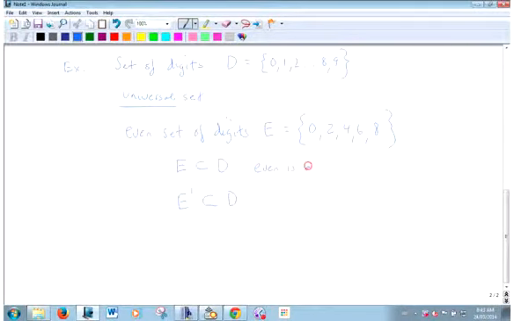Even is a subset of D, and not even, which I could also write as another different subset, but I want to write the complement, is also a subset of D.